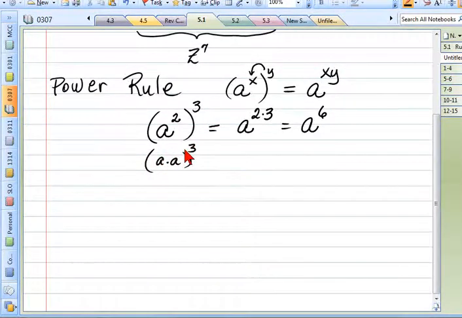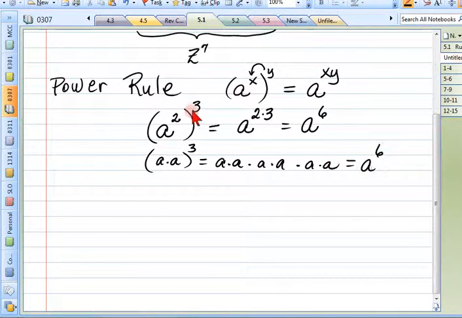We're supposed to cube that. Well, we know that means a times a, a times a, a times a. 3 of those pairs of a times a. How many a's are there? There are 6. So there are 3 sets of 2, which makes 6.